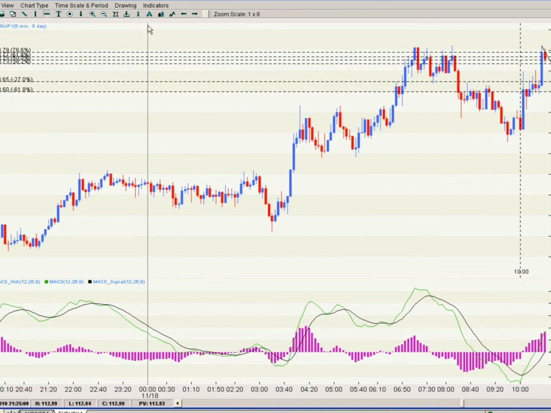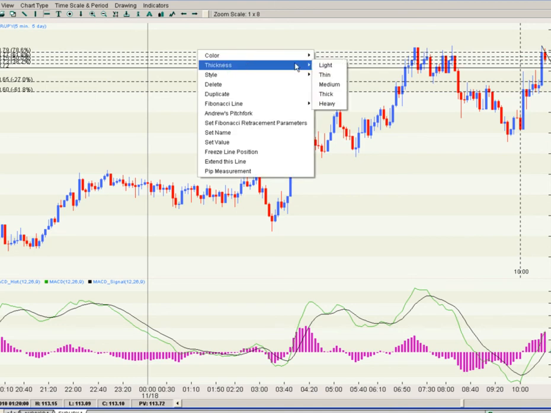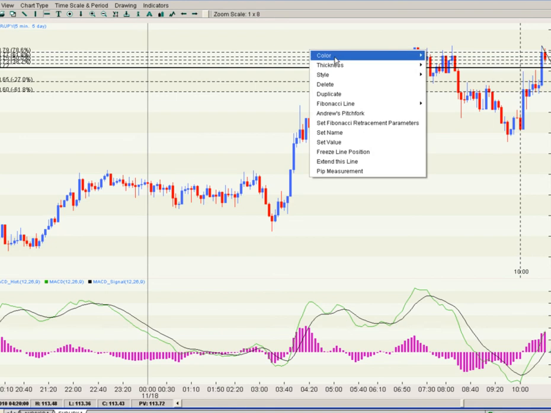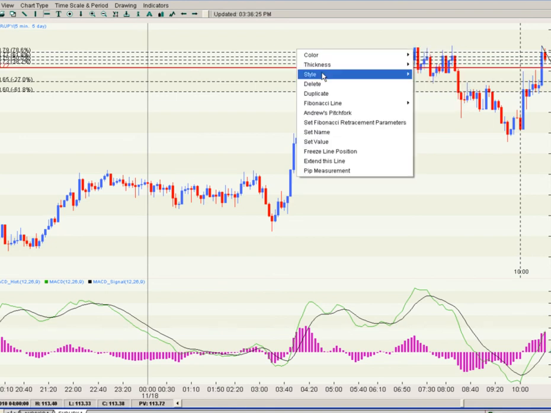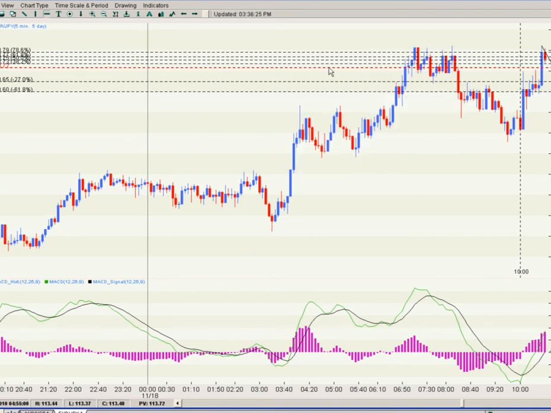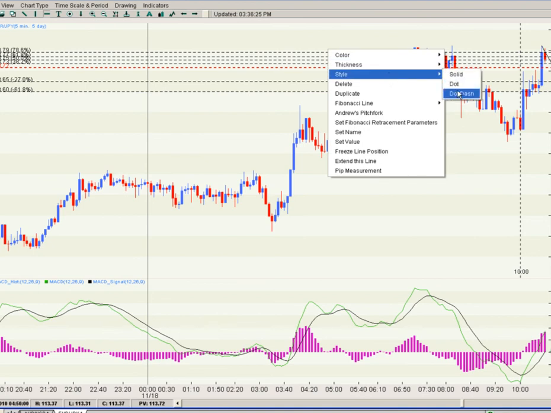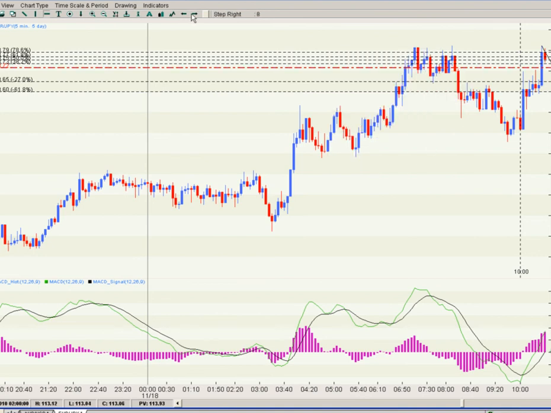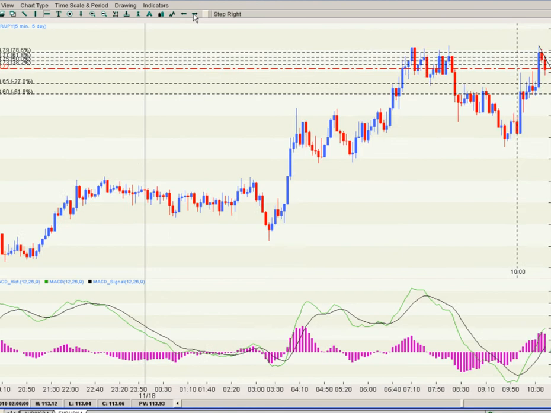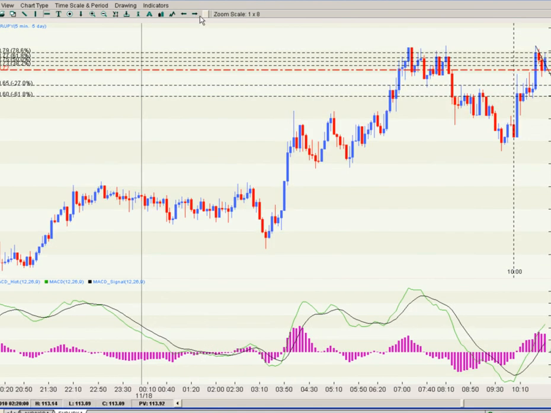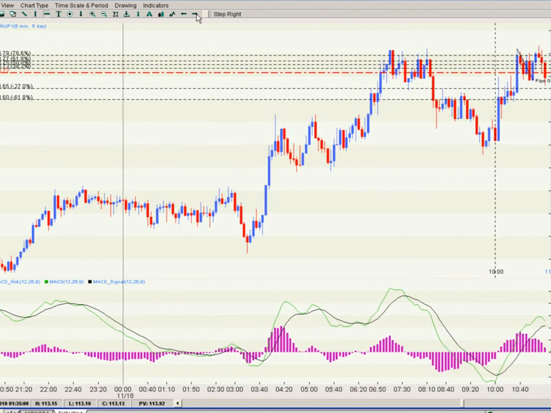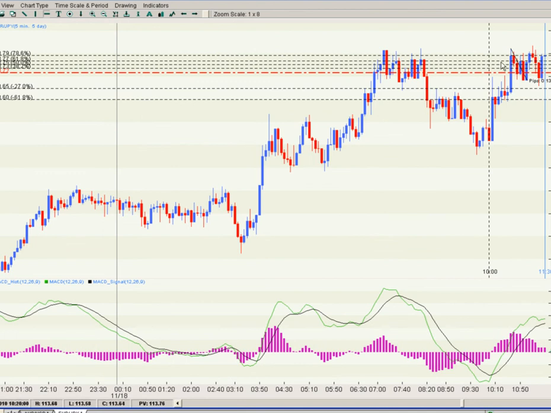So I'll just put that on here, 113, just to remind you where the ADR was. Just make it red, and a little dot dash. So what it did is it hit it here initially, came back down and retested it, and then bounced down at the London close after hitting this resistance.